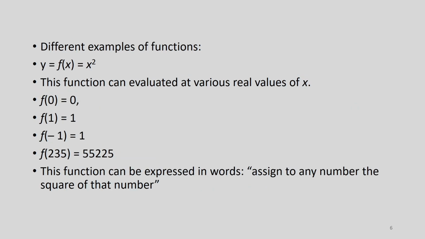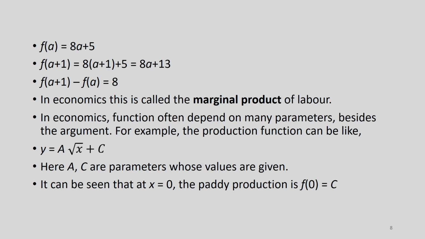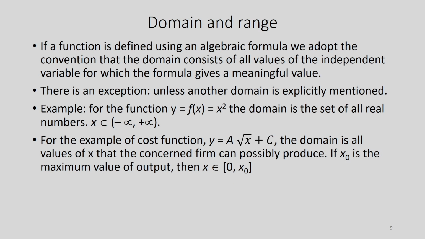So, here are some examples of functions. We talked about production function, which is an application of function in economics. Related to the idea of production function, there is something called the marginal product of labor, and I gave some examples. Then we defined what is a domain and what is a range.